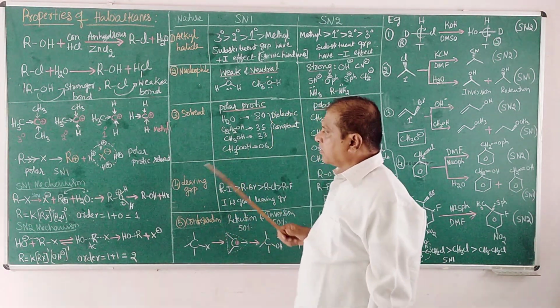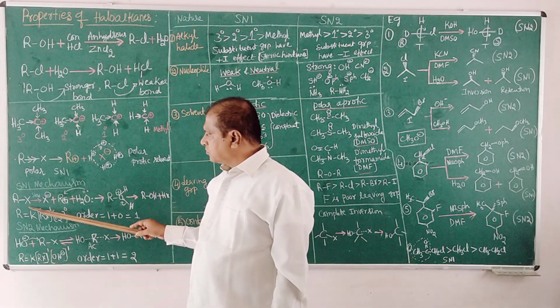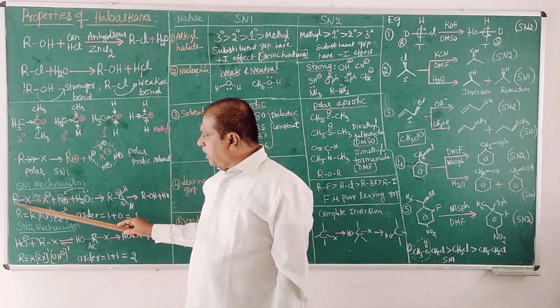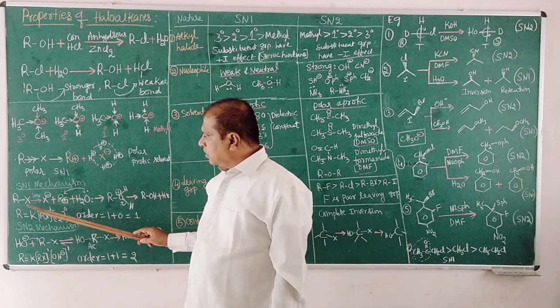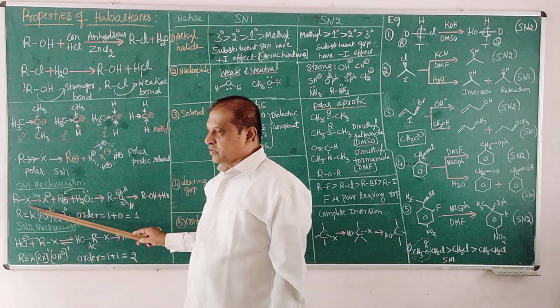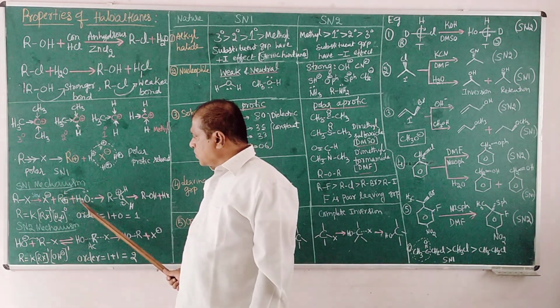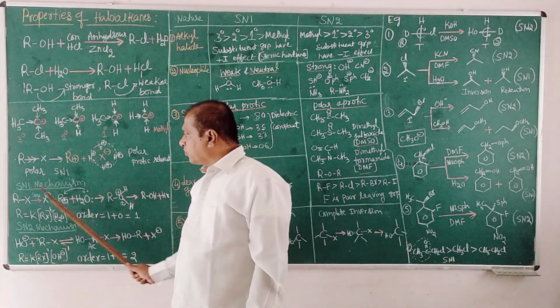To talk about the factors, look at the reactants we are using: the halide. It depends on what type of alkyl halide is involved and what type of halogen atom is involved. That is also important. And the nucleophile: what type of nucleophile is involved?